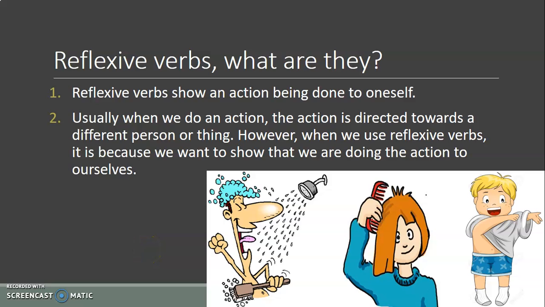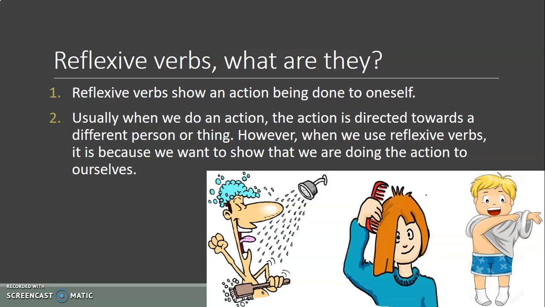So what are reflexive verbs really? Well, reflexive verbs are verbs that show an action being done to oneself. So usually when we do an action, we're directing that action towards a different person or thing. For example, we could say, I am going to eat.